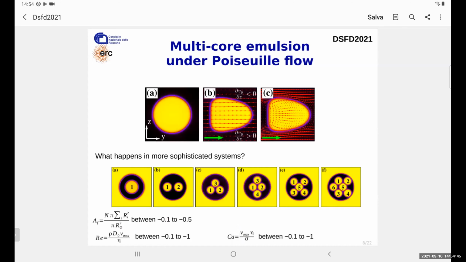As a benchmark test, we started from an isolated droplet. These are two-dimensional simulations. Picture A on the left is a single isolated droplet at rest, so there is no fluid flow modifying the equilibrium configuration of the system.